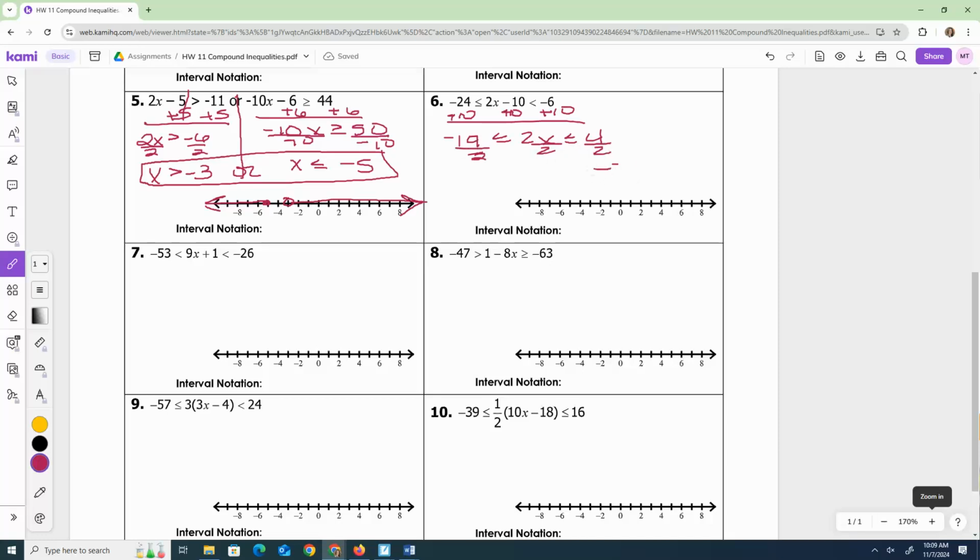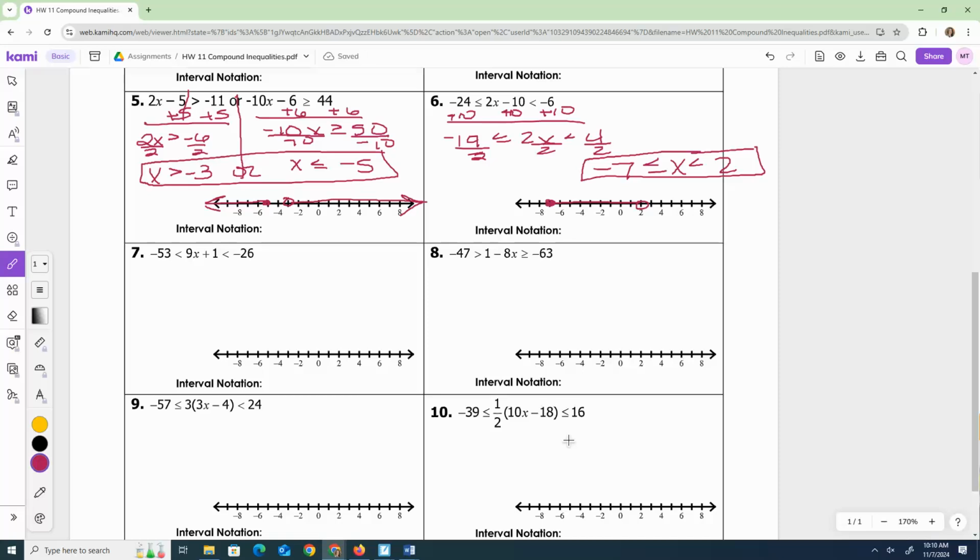So we get -7 less than or equal to x less than or equal, or sorry, no equal to on that, it's less than. Okay, so open or closed at -7. And what about the 2? It's just in between the two.